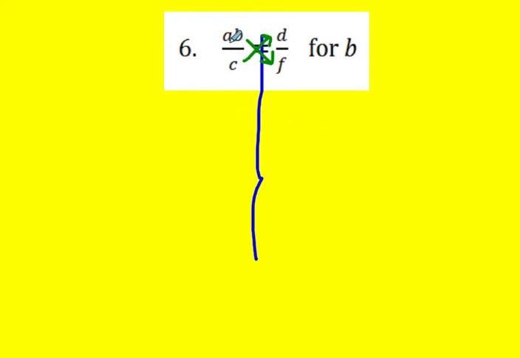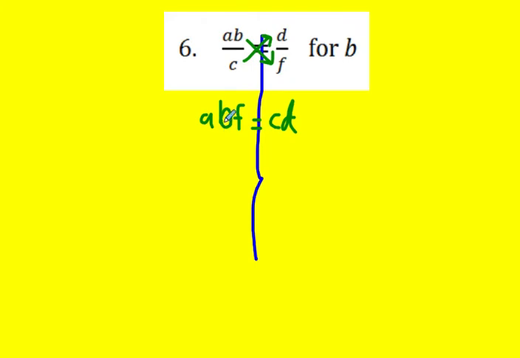So when I cross multiply this direction, I get AB times F. So I'm just going to write that as ABF. And that's going to be equal to what I get on the other diagonal, C times D. So I'll just write that as CD.